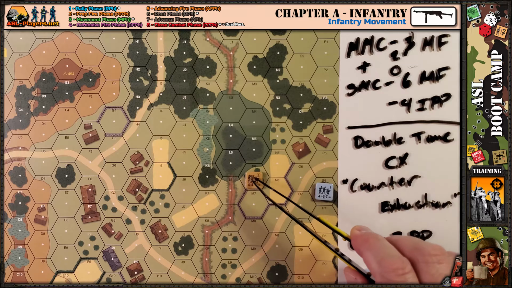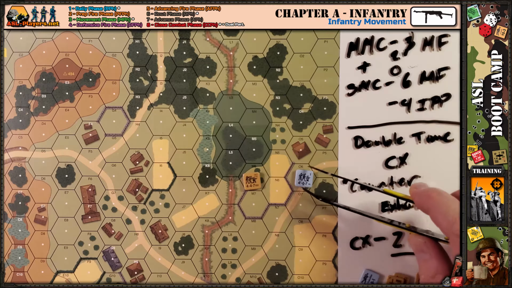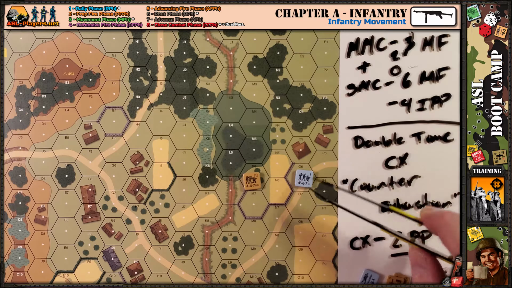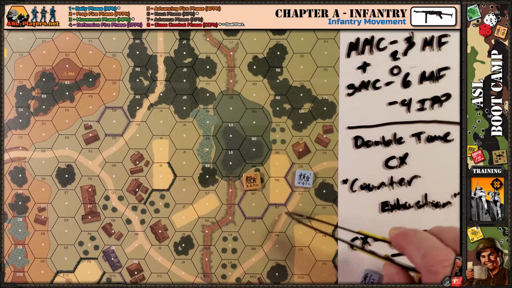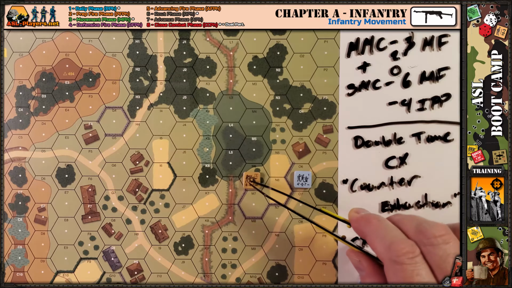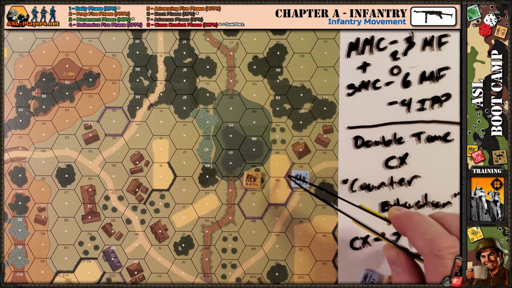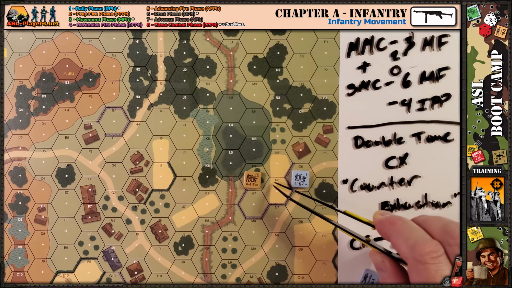Now, even though this Russian unit has a line of sight to that hex, even though the terrain feature appears to be open ground, it is in fact not open ground, because when this Russian unit fires on it, there are positive modifiers to the die roll.